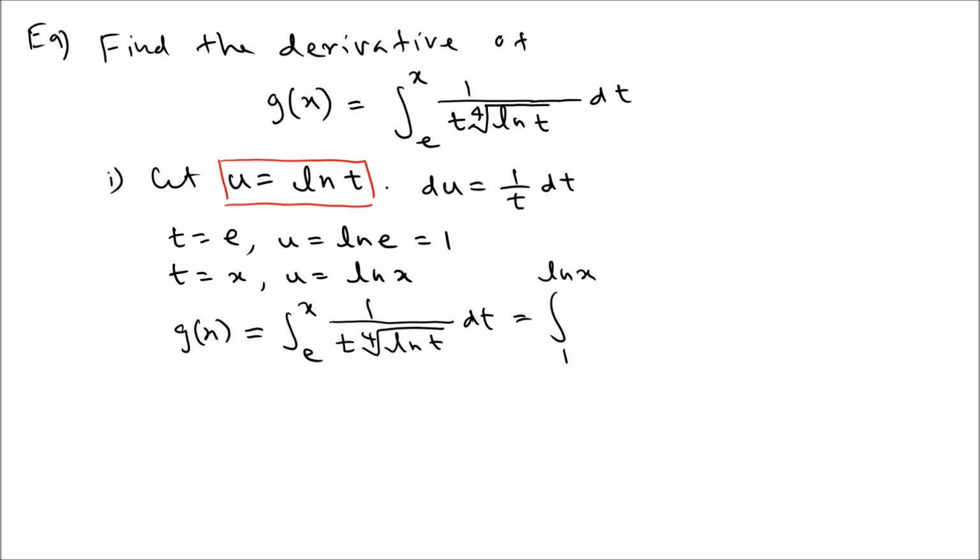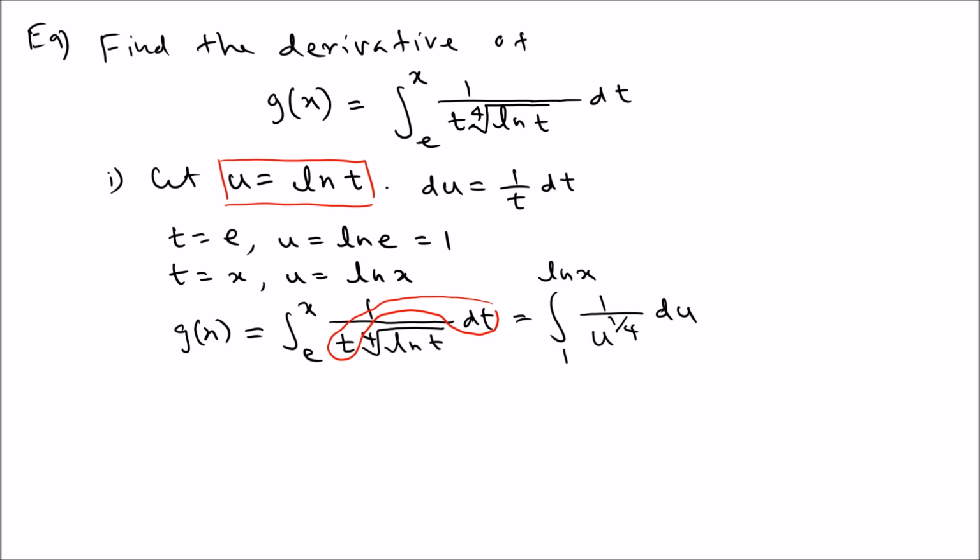You can see that we have 1 over t dt, which is du, so this simply becomes 1 over u to the 1/4, and then du. That's what we are doing.